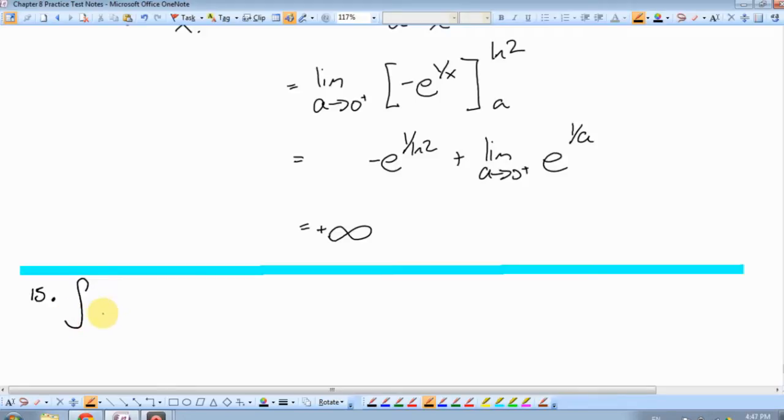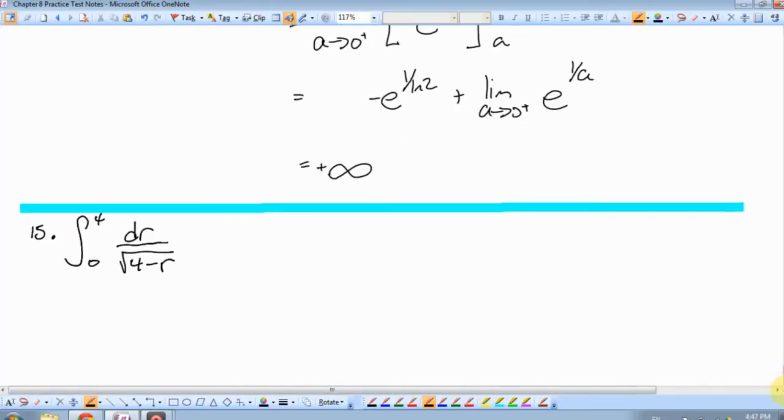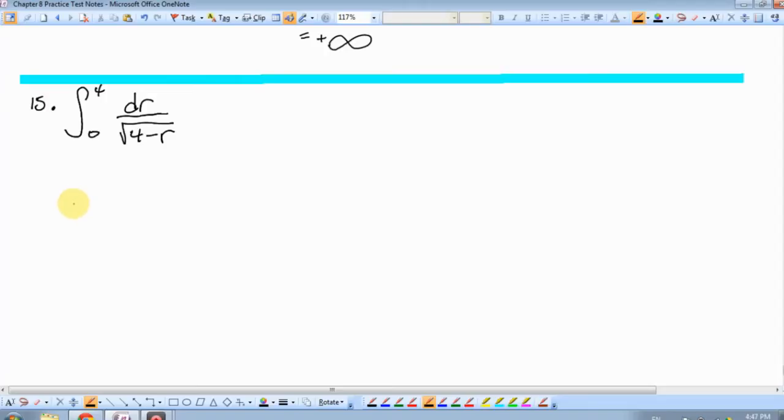Integral from 0 to 4 of dr over the square root of 4 minus r. Antiderivative first. Do you know what we were doing in 20?